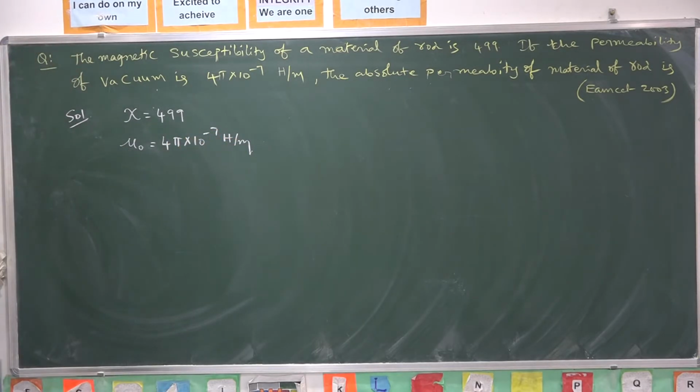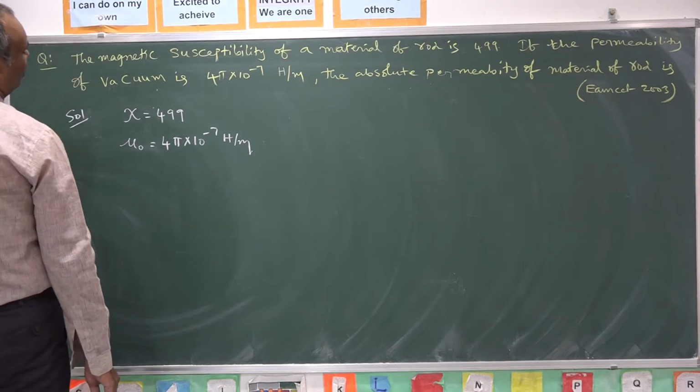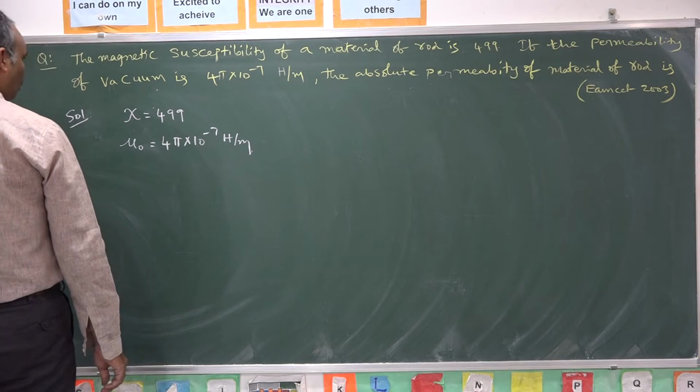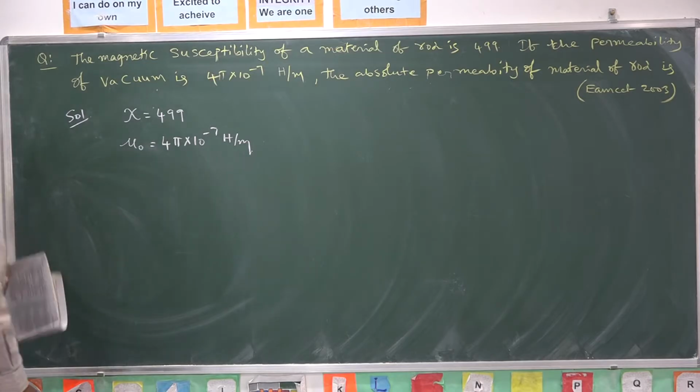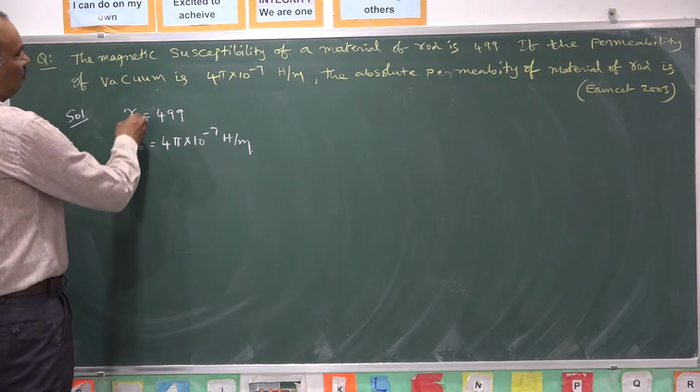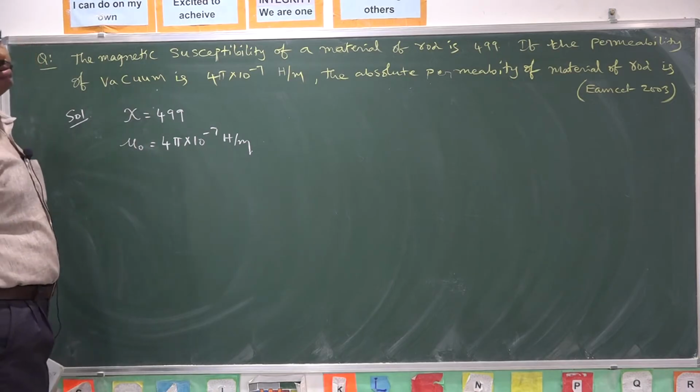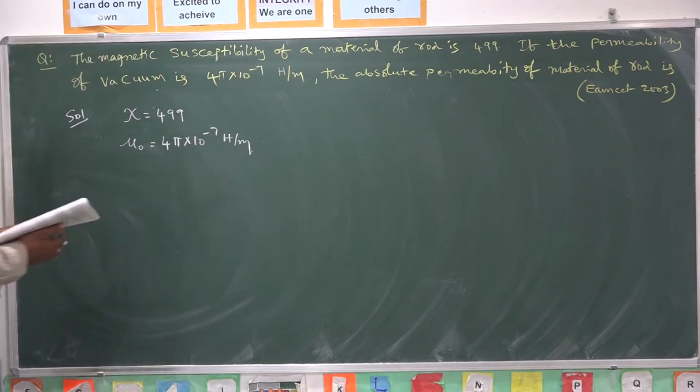Now, the absolute permeability of the material is, you know that, what is the relationship between chi and mu naught? Based on that, we have to solve the question.